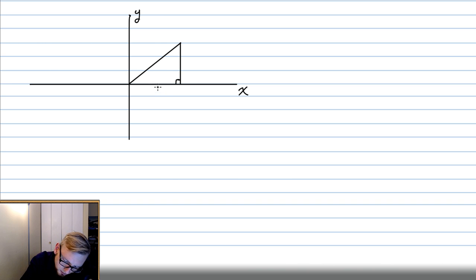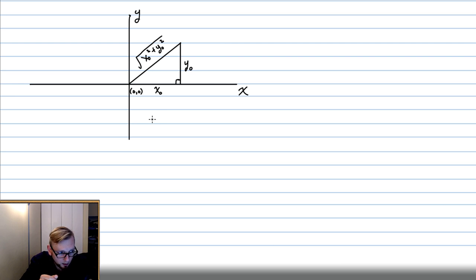This is our x0 and our y0. This distance is what? Well, we know the Pythagorean theorem. So this is the square root of x0 squared plus y0 squared. And that's easy because it's at the origin.